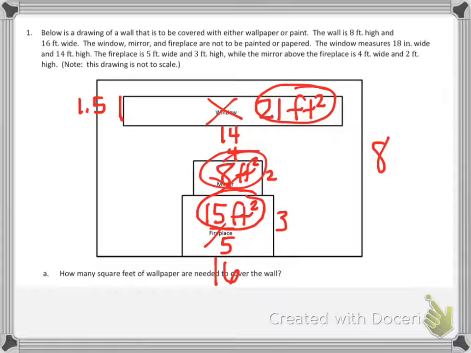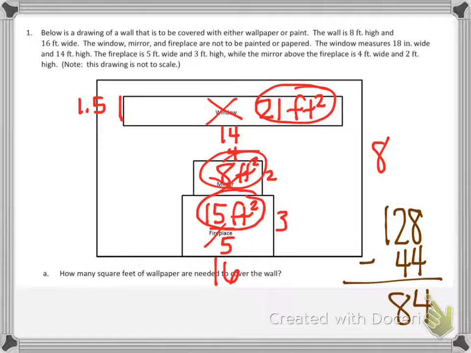So 128 is the entire space, minus, I've got 21 and 15, that's 36, and another 8, that's 44 square feet, which is the window, the mirror, and the fireplace. And if I take all that away, I get 84 square feet that needs to be painted on that wall.